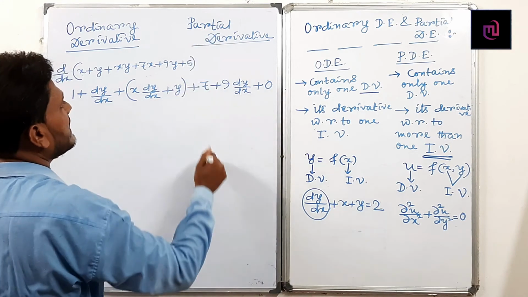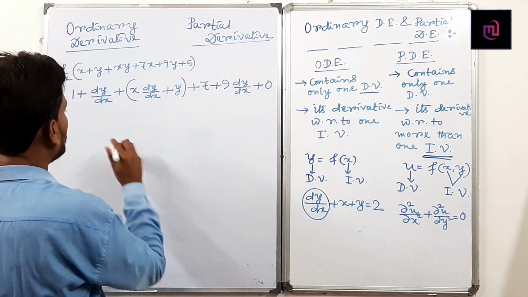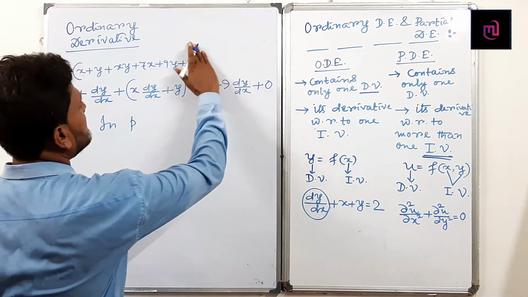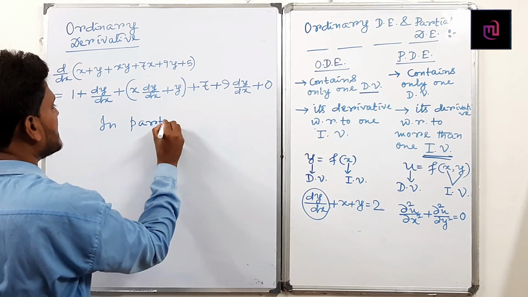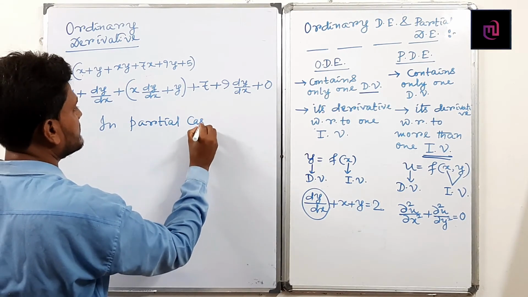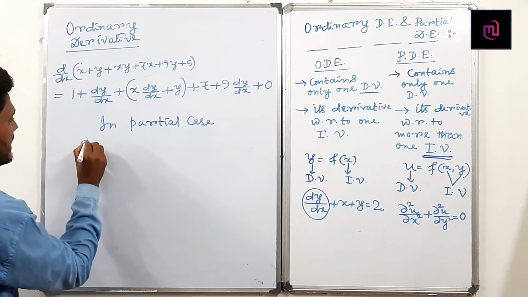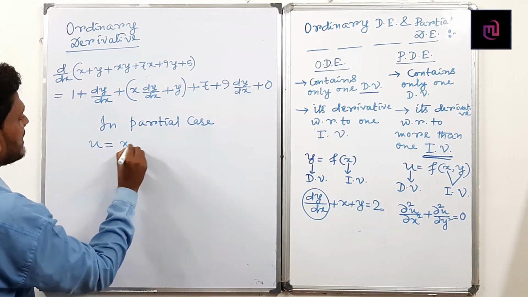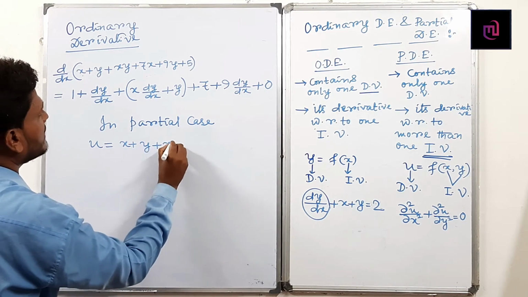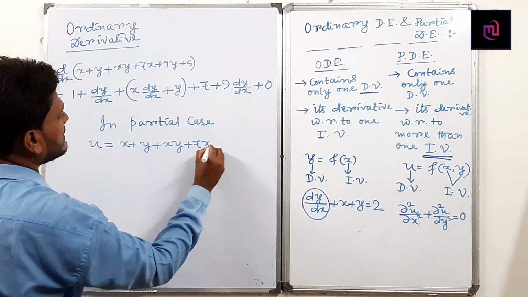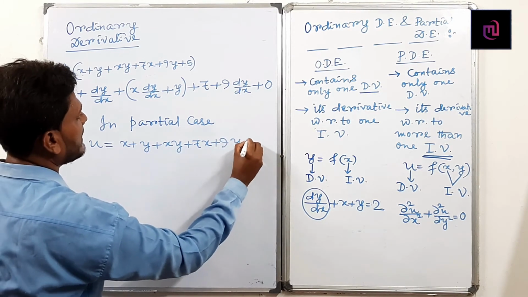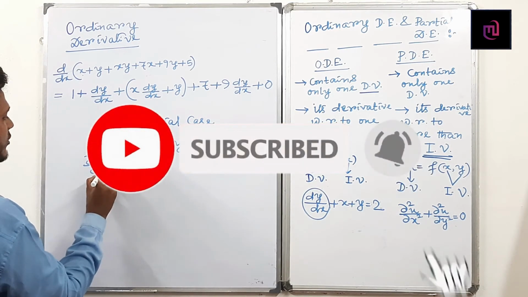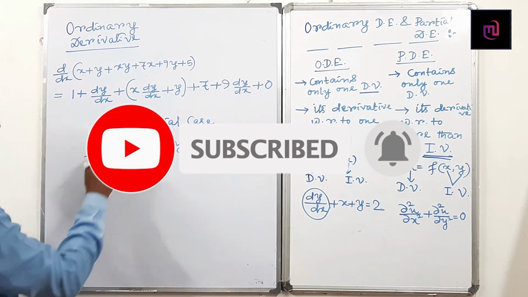But if I take the partial case, suppose u equals x plus y plus xy plus 7x plus 9y plus 5. Taking the partial derivative with respect to x, del u by del x, y is constant.